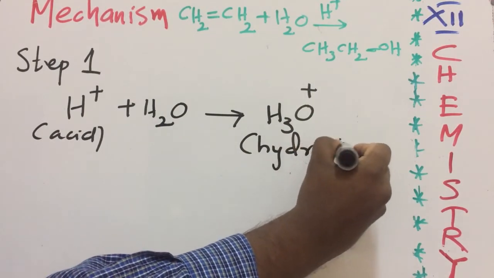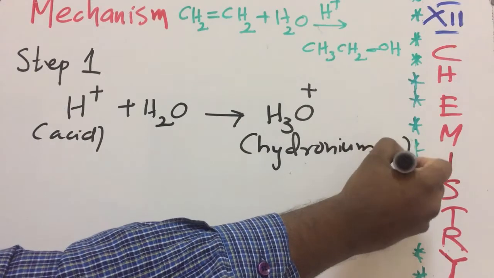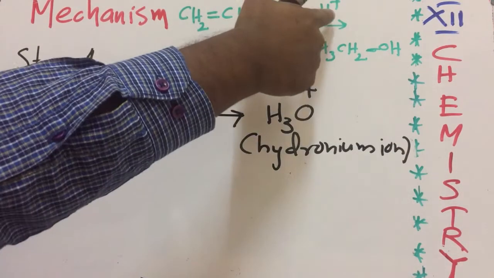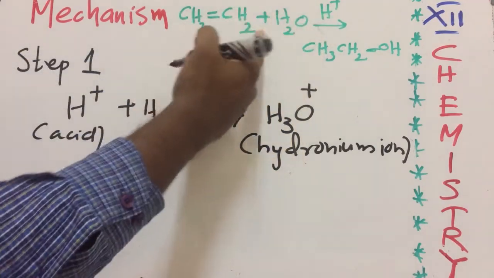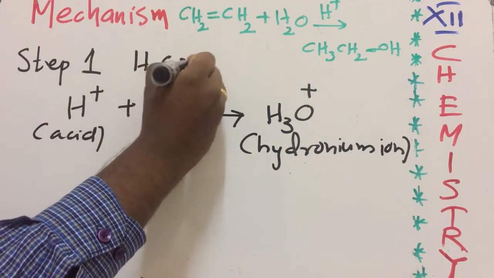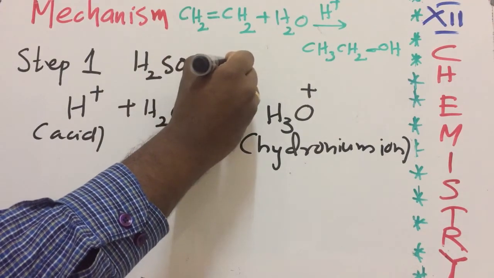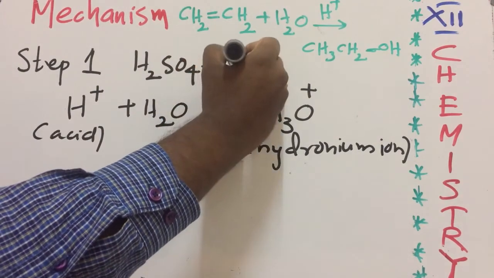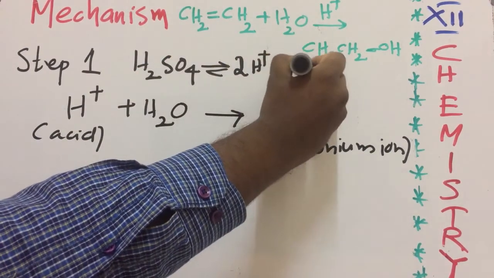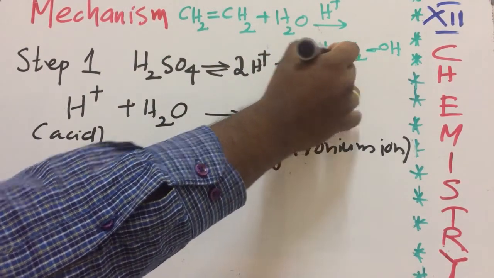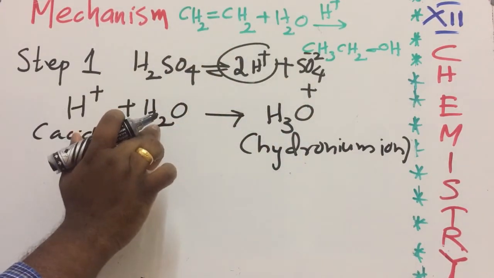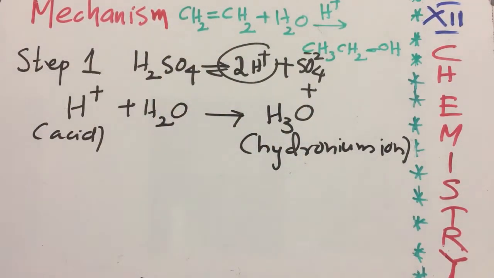Here this H plus is from acid. H plus is used as a catalyst, and this H plus comes from sulfuric acid. The acid used here is sulfuric acid. Sulfuric acid dissociates to form 2H plus plus SO4 minus 2. So the H plus added to water is from sulfuric acid.